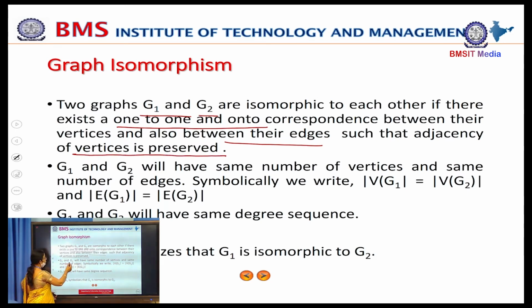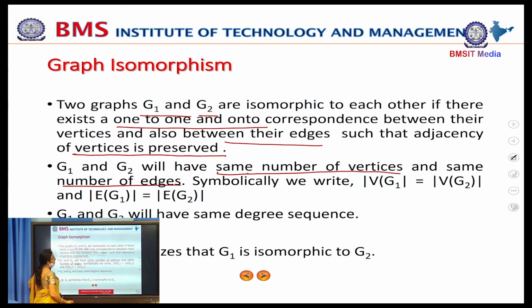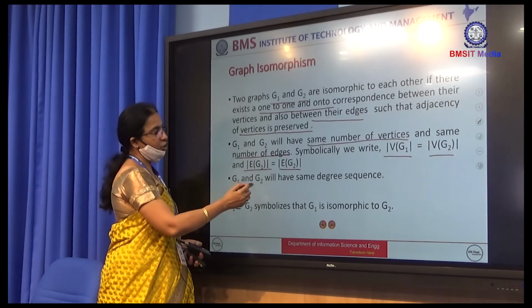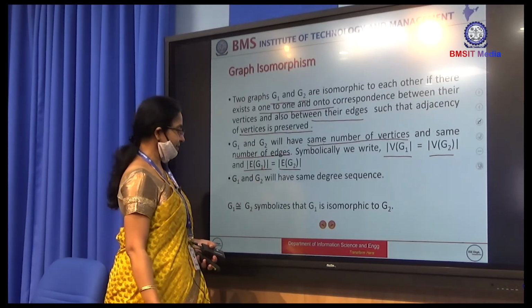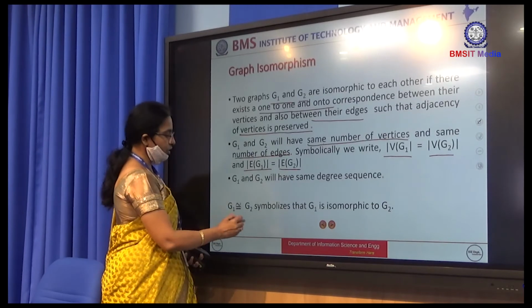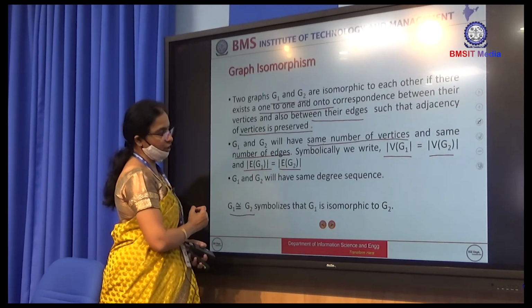G1 and G2 will have the same number of vertices and the same number of edges. Symbolically, V of G1 is equal to V of G2 and E of G1 is equal to E of G2. G1 and G2 will have the same degree sequence. So G1 is isomorphic to G2.